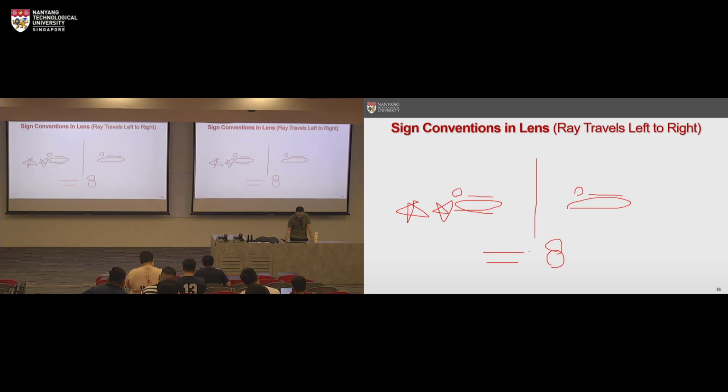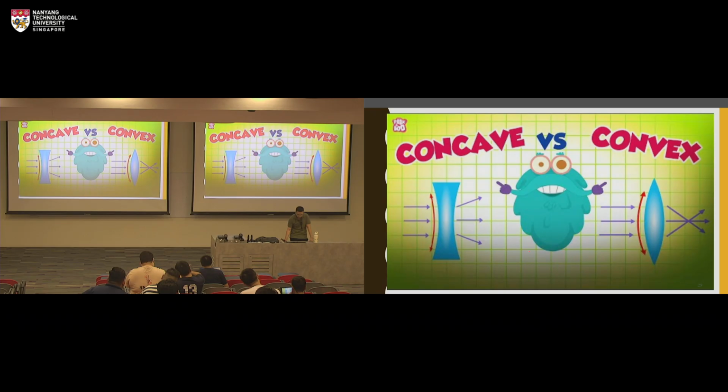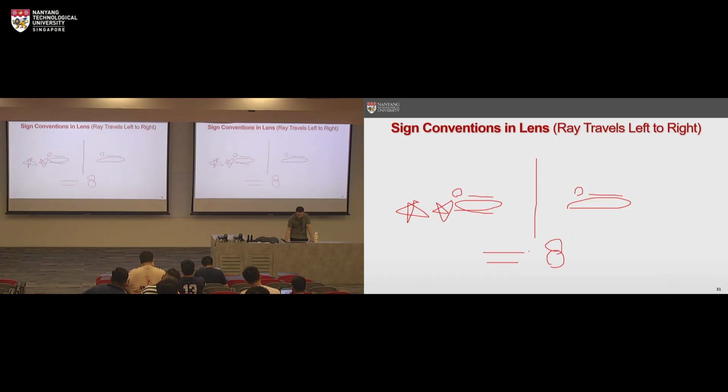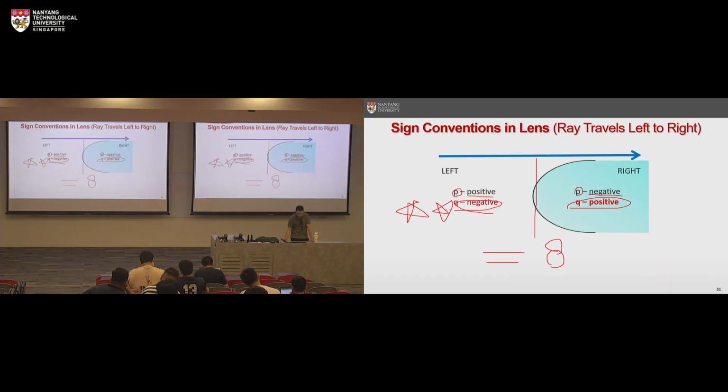If you ask me what is the most challenging part in this chapter, I would say the sign is the most challenging part, because the sign is defined a bit differently for the Q. Remember that Q is the image distance. A lens actually allows light to go through, so you get a positive Q after the lens, which means Q is defined negative if it's in front. This is the main difference that you need to keep in mind.